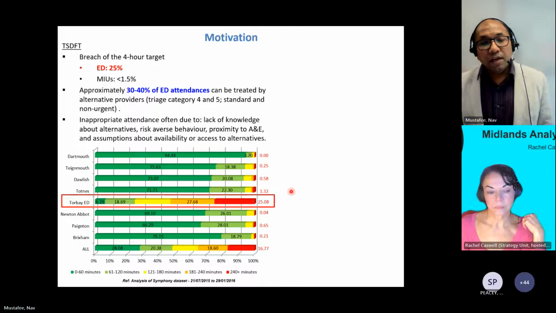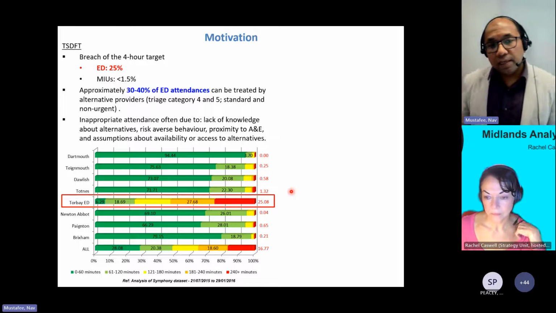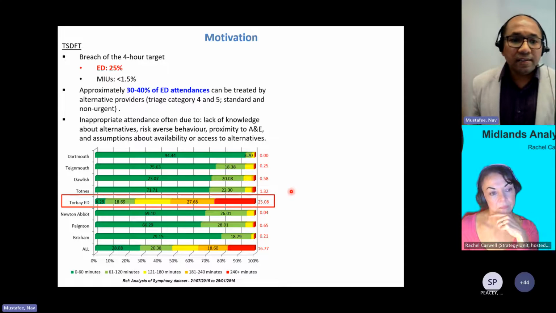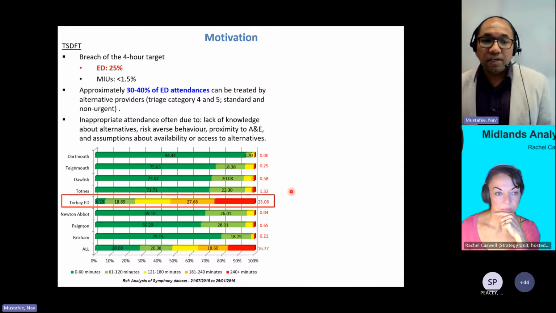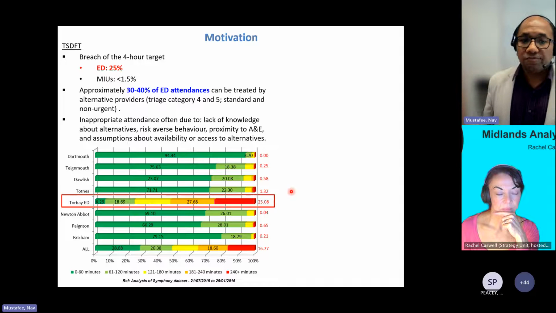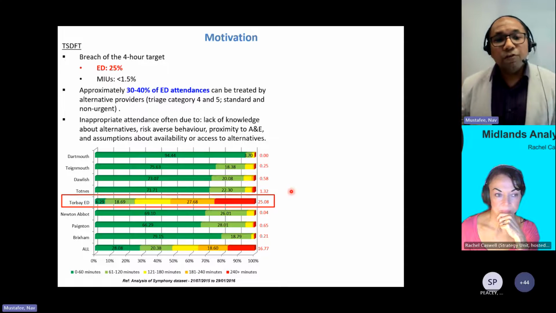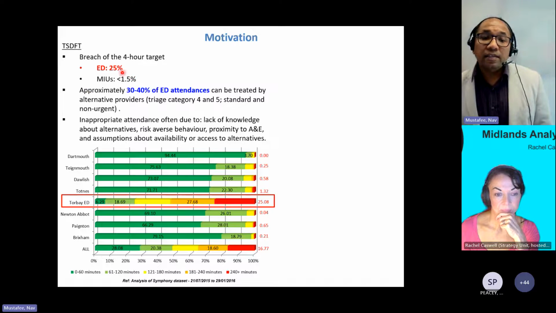Now, if we do an analysis of the 4-hour breach rate, what we see is that in the emergency department the breach is around 25%, of the 95% which have to be seen, treated or discharged within the 4-hour target. For MIUs, it is actually less than 1.5%. You can see the breaches here.